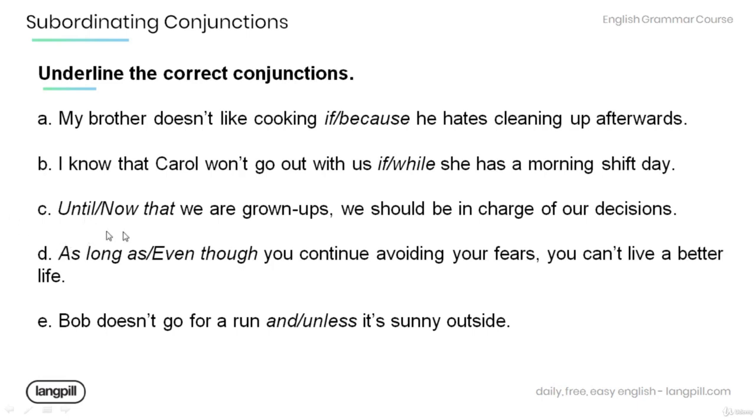C. Until now that we are grown-ups, we should be in charge of our decisions. D. As long as, even though you continue avoiding your fears, you can't live a better life.